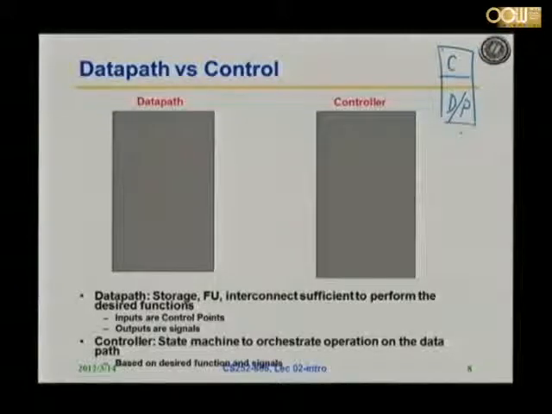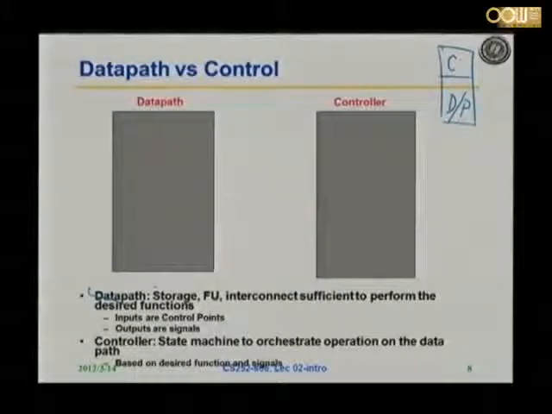Data path is the part used to perform functions, and the functions include input data from outside the CPU, or fetch data from internally and do whatever, and then generate a result and transport the result to wherever is appropriate, outside or an internal storage location. Okay, that's what the data path needs to do.